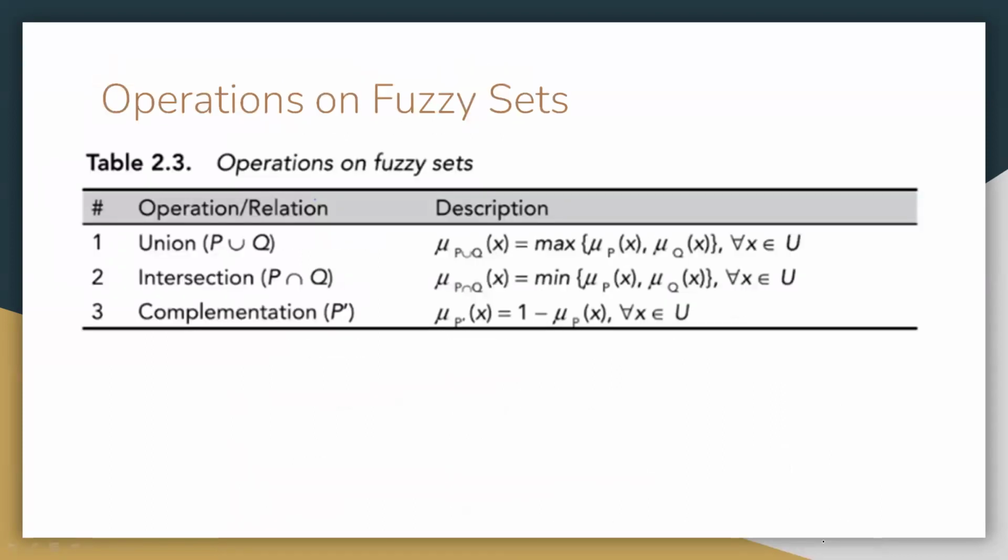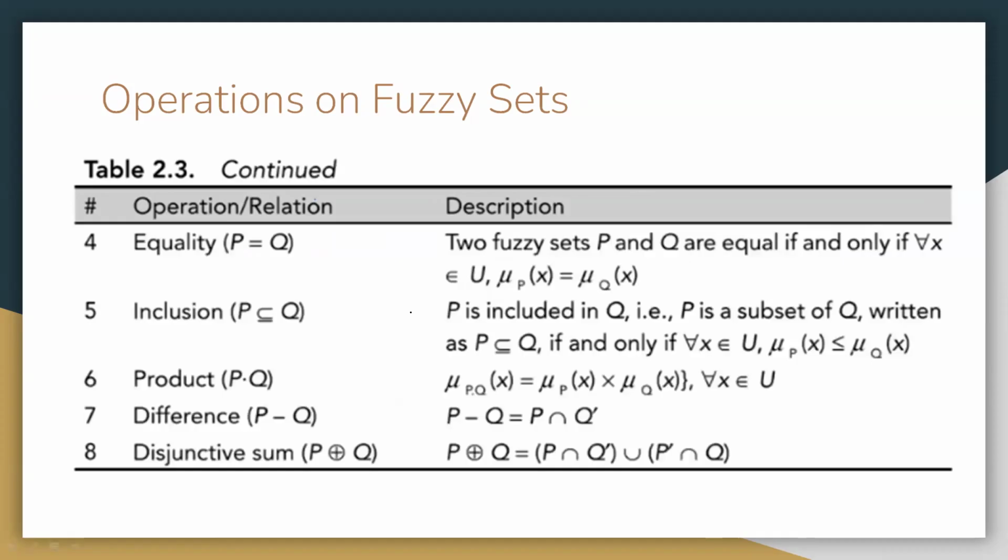Now, what are the different operations on fuzzy sets? I'll just list out the ones first: union, intersection, complement, then equality, inclusion, product, difference, disjunctive sum.